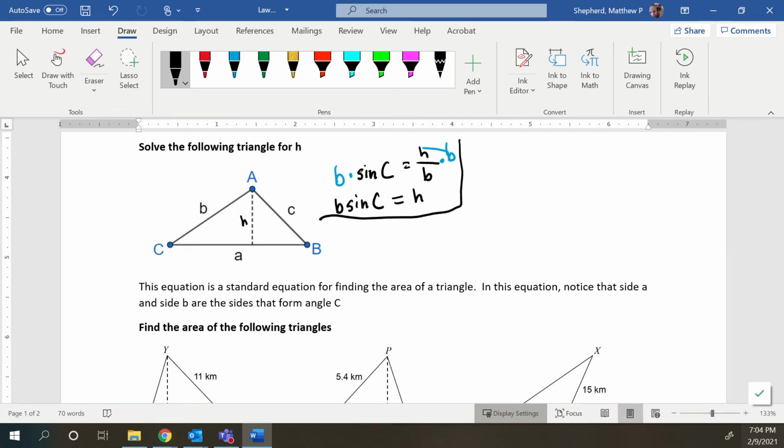So now in order for us to get the equation for the area of that triangle, I now know what the height is. The height is B sine C.